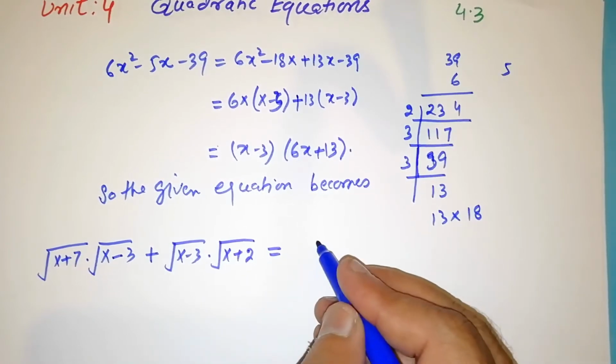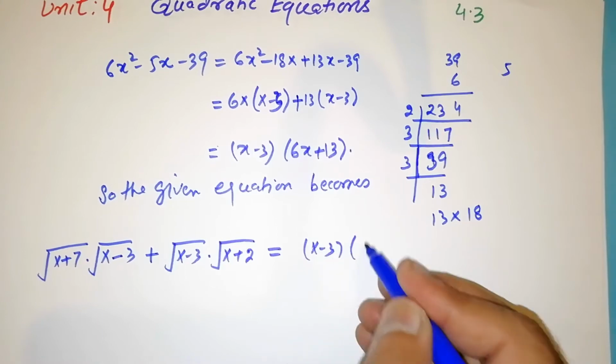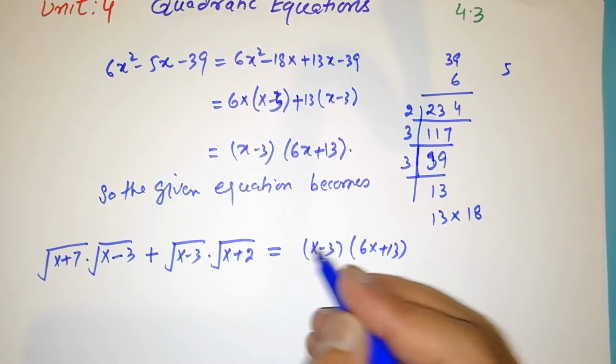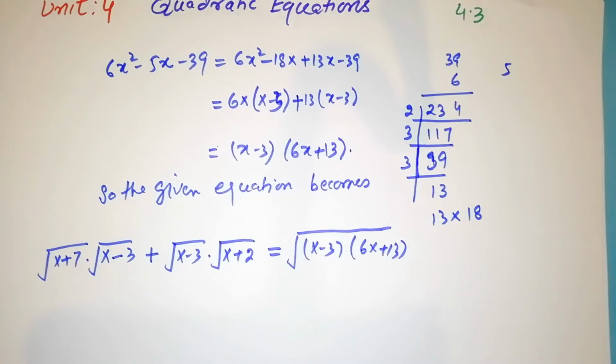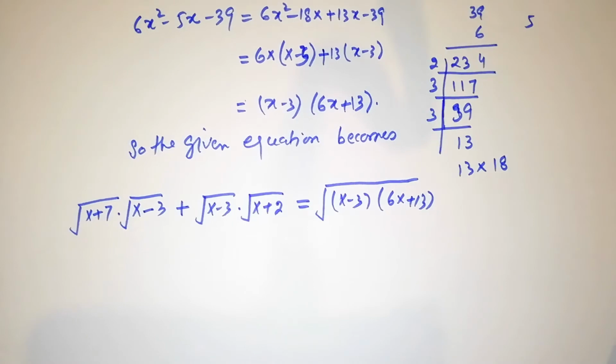This is equal to x minus 3 and 6x plus 13 its square root. अब स्टूडेंट्स देखें कि x minus 3, x minus 3 और x minus 3 ये एक ऐसा फैक्टर है लीनियर जो सब में कॉमन है.